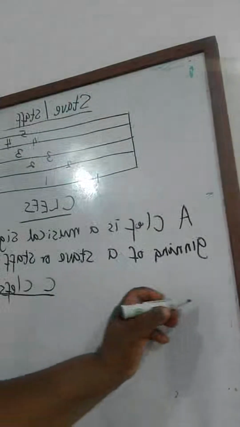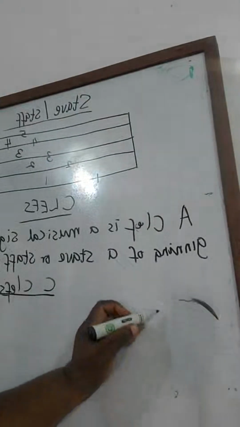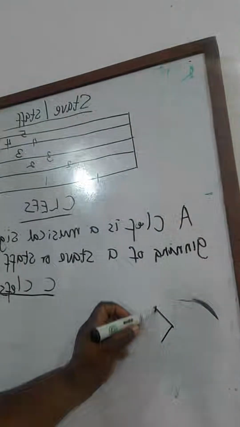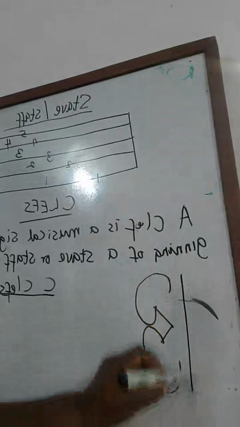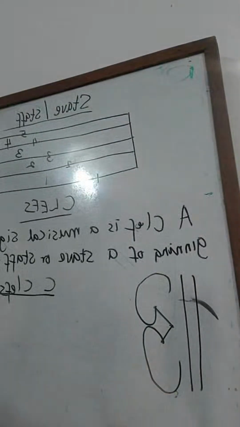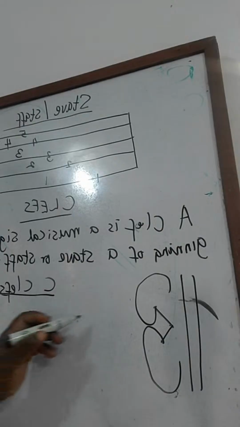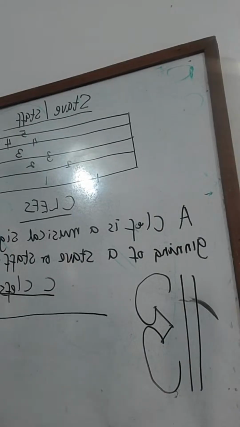So the position, okay, let me just draw the C clef. They are alike. It is only the position of the arrow that shows what kind of C clef you're talking about. So I'll be drawing the whole three here.